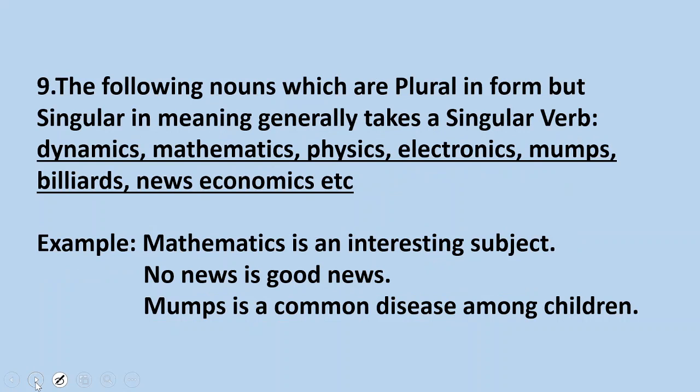Next, the following nouns are plural in form, they look plural, but they are always singular in meaning and they generally take a singular verb. For example, dynamics, mathematics. Mathematics is hard. Physics, electronics, mumps. All these appear plural, but they give a singular idea. Billiards, news, economics.